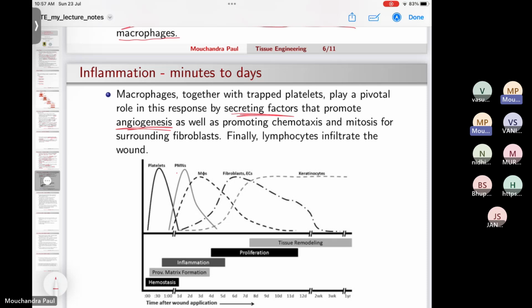We'll talk about how angiogenesis happens in a later session, but for now you should know angiogenesis is the process through which new blood vessels get formed from the existing blood vessels.